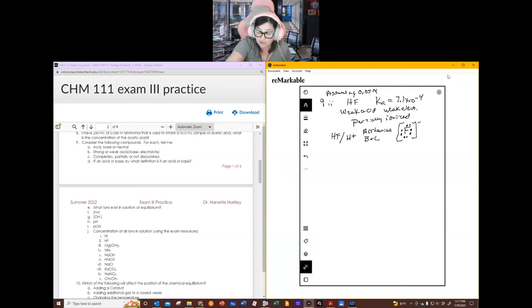He actually is not in a place where he can do that either. Since he's in the second row, he has no d orbitals available to him that are empty. So that's not something that we can do. So he cannot be a Lewis base.